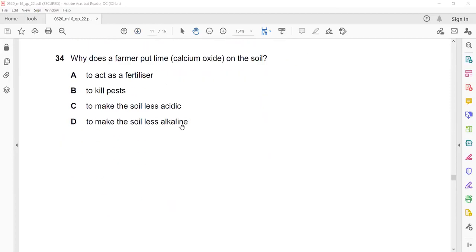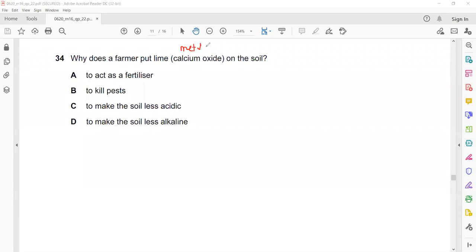Question 34. Why does a farmer put lime, the calcium oxide, on the soil? Lime is calcium oxide, a metal oxide. What is the purpose of the metal oxide?